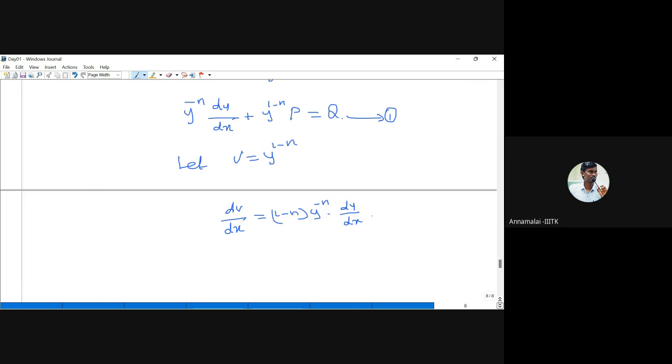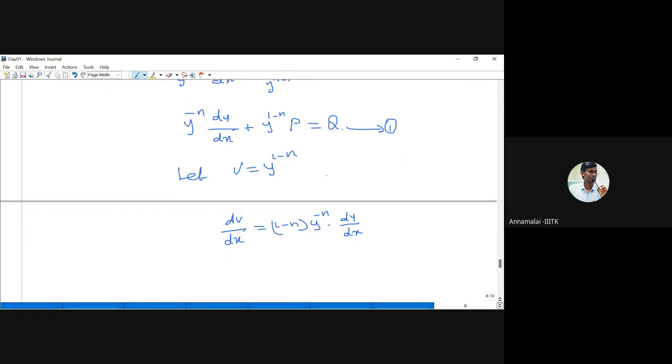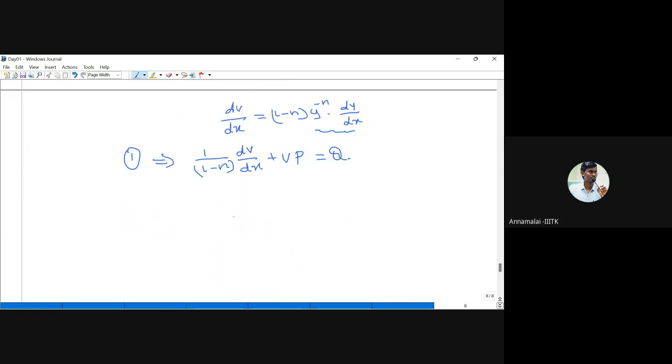Now substitute everything in the first equation, equation number 1. Equation 1 contains this factor, therefore we have to divide by 1 minus n, giving 1 by 1 minus n into dv by dx. So equation 1 becomes: y power minus n dy by dx can be written as dv by dx into 1 by 1 minus n, plus y power 1 minus n, which is nothing but v, into p, equals q. n is a constant, and we know n is not equal to 1.